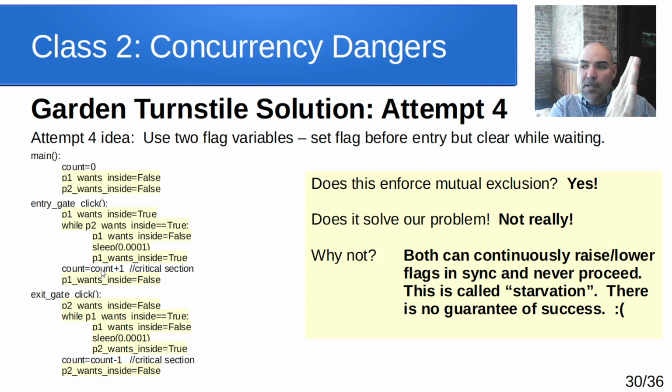So they could keep putting it back, getting it, looking. Still has it. Put it back, get it, look at each other. And that could just go on forever, or some indeterminate amount of time. And so there's no guarantee that they'll ever actually get into that critical section.